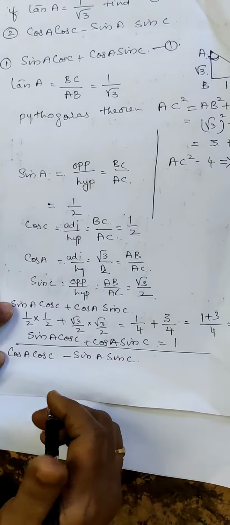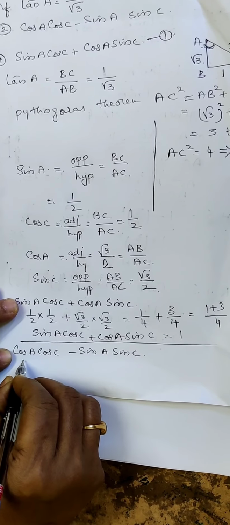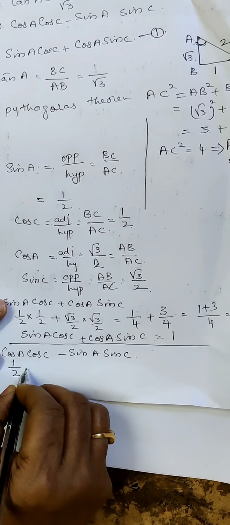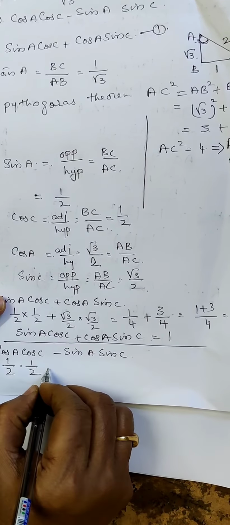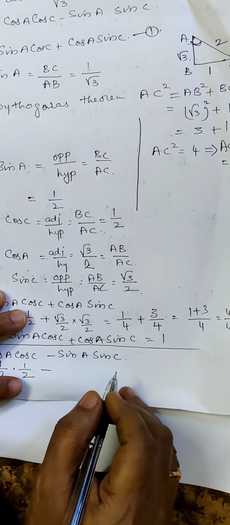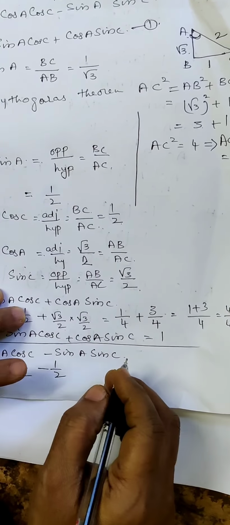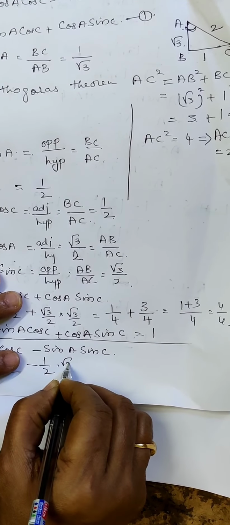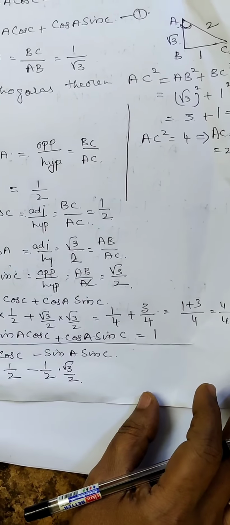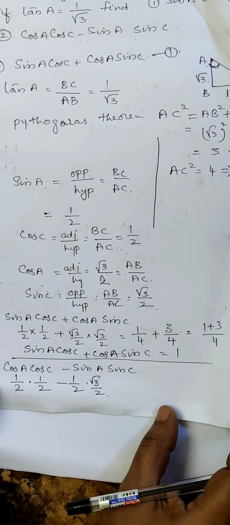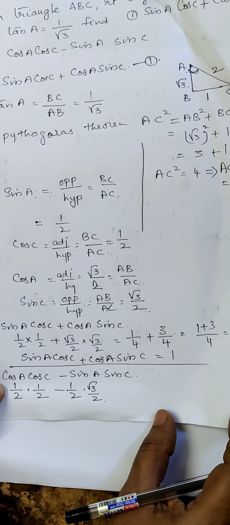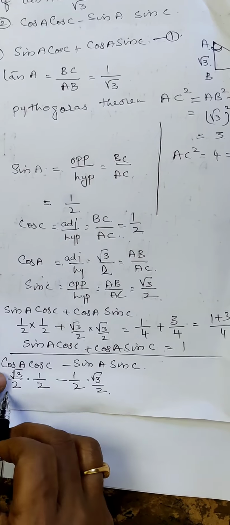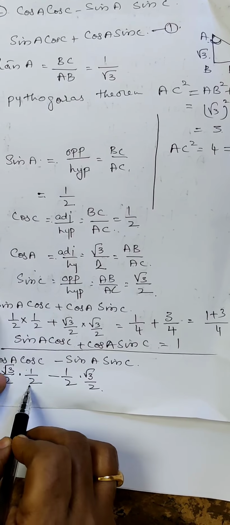Cos A from the triangle is root 3 by 2. Cos C means 1 by 2.